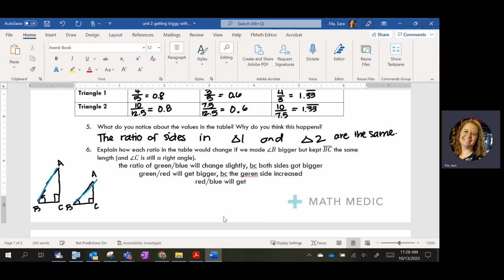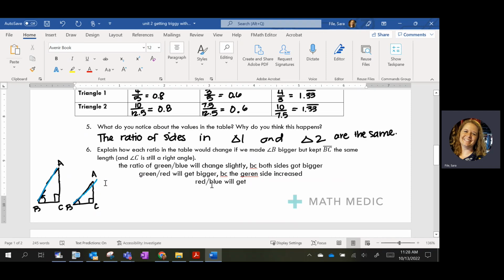If the red side is the one that stayed the same, that was the base, okay, that doesn't change. So the numerator's not changing. But the blue side, that's the hypotenuse, that got bigger. So in this fraction, the denominator's getting bigger.